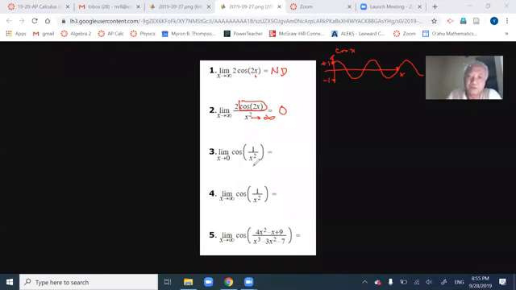But for this one out here, x approaching 0, 1 over x squared will approach infinity. This one is just like this one. Cosine of infinity means what? It keeps going forever. No definite value that it approaches. So that's why it's not defined.